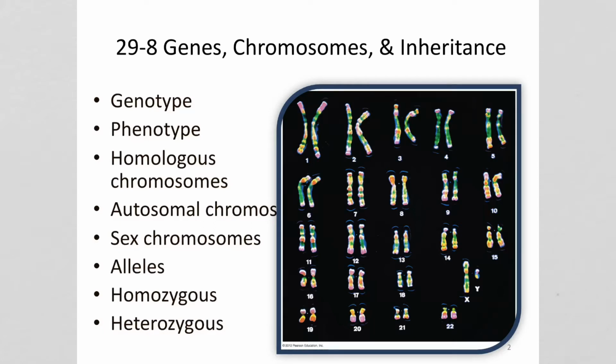I'm out. I'm not a shoe person, but imagine you have 23 pairs of shoes, and for each pair you got one of the shoes from your mama and one from your papa. So that's roughly how your chromosomes work.